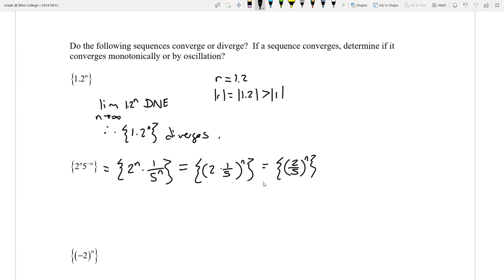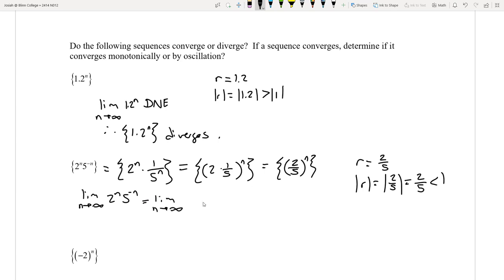And so now we have our r here. r is going to be equal to 2/5. Absolute value of r is the absolute value of 2/5, which is 2/5, which is less than 1, which means that this guy is going to converge. If we look at the limit then, as n tends to infinity, of our original sequence here, 2 to the n, 5 to the negative n, that's going to be the same as the limit as n tends to infinity of 2/5 to the n, which will, since our r is less than 1, go to 0.